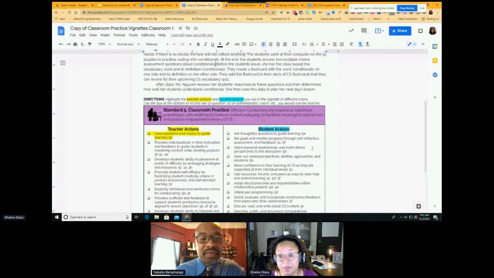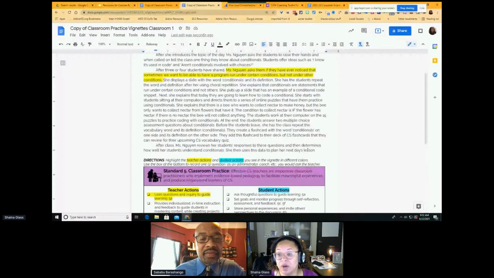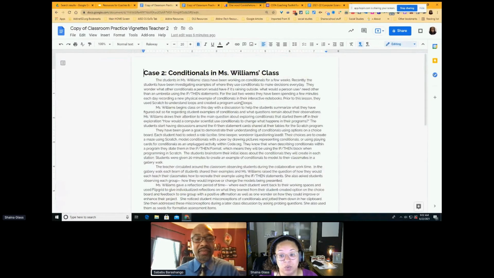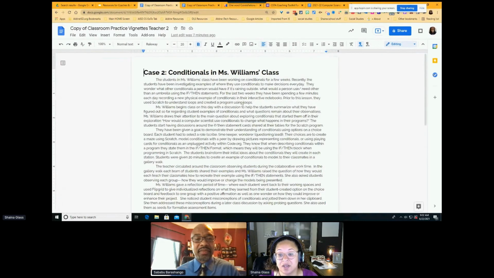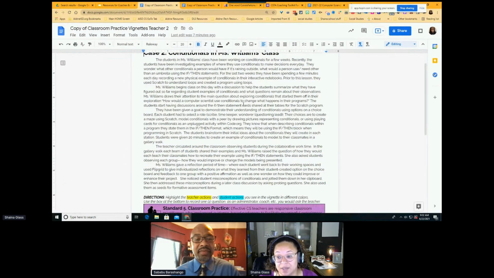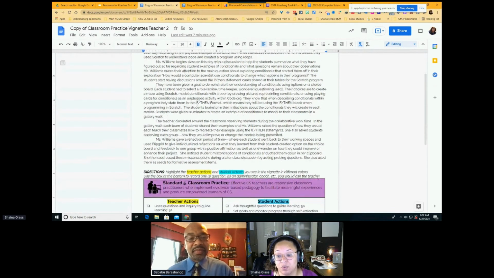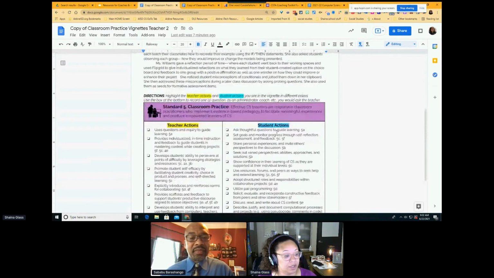Utilize pair programming? Do we see where it actually said what the student was doing? That is where you would go through and identify. And if we flipped it and came over to Miss Williams and did the same thing, then we would be identifying where these things correlated.